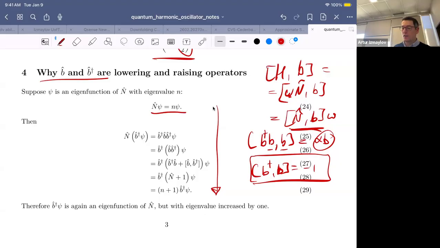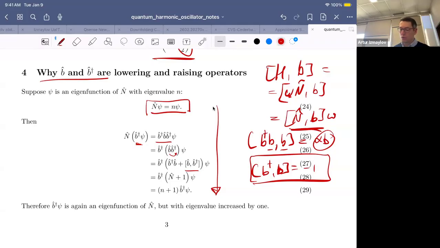So if n had an eigenfunction psi, then if you apply B dagger first, you could see through this algebra that it's convenient to move B through B dagger. Why?